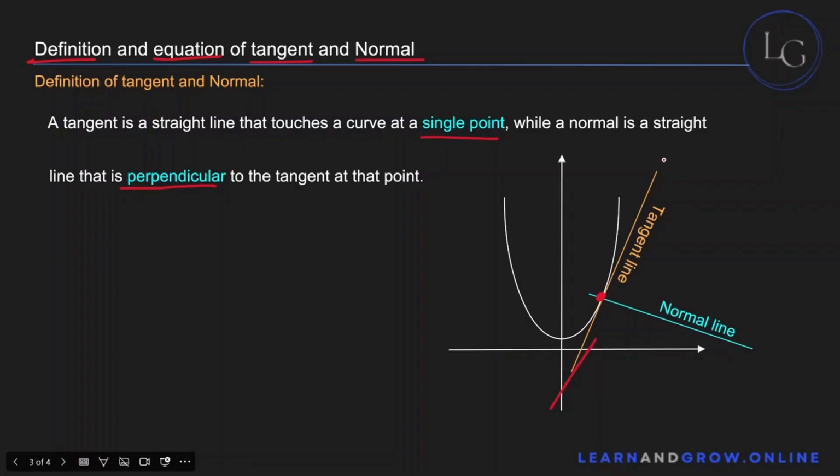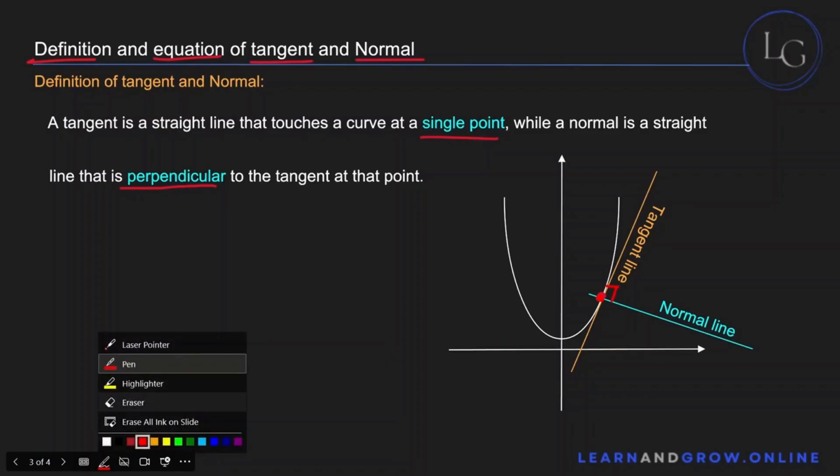It starts here, it just touches that point and it goes down. Okay, obviously I cannot draw that well, but you get the point. Okay, and the normal is the line at that point that is perpendicular to the tangent. So this is a 90-degree angle, right?